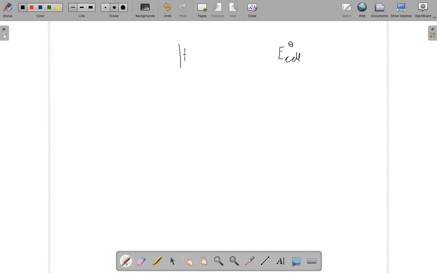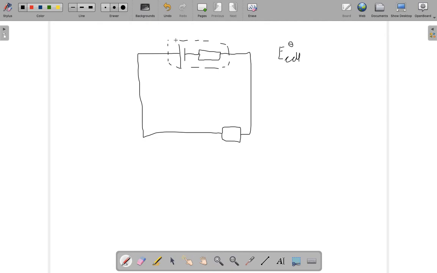However, in cells, because of how inefficient they are, you don't necessarily get the potential difference that should theoretically be there. So it can be taken as there is some kind of resistor in it, which we shall refer to as internal resistance. Let's say this whole region here is the cell, and that is the internal resistor, which leads to some potential difference loss in the cell itself.